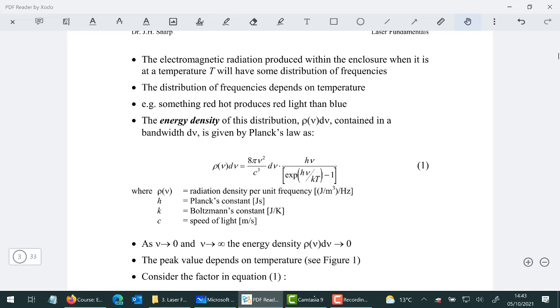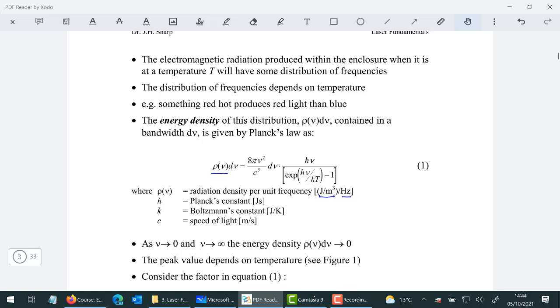The energy distribution, or the shape of that curve, is given by this expression here. So rho of nu is the density of the radiation, of the light, per unit frequency. Okay, so it's the number of joules per cubic meter per hertz. h is Planck's constant, k is Boltzmann's constant, c is the speed of light.